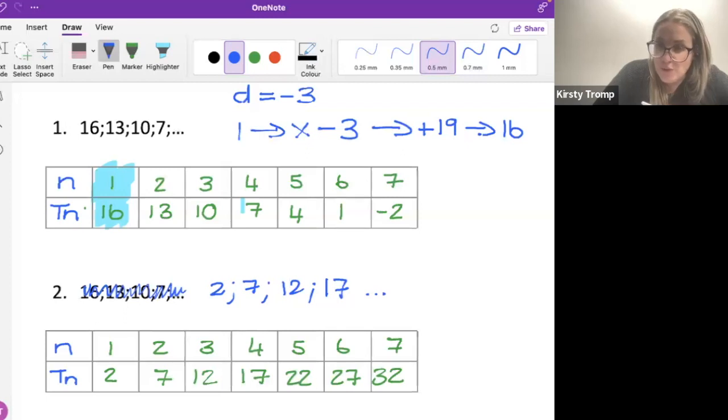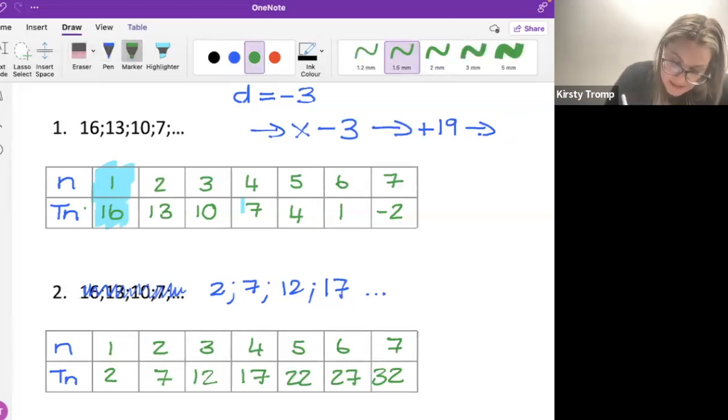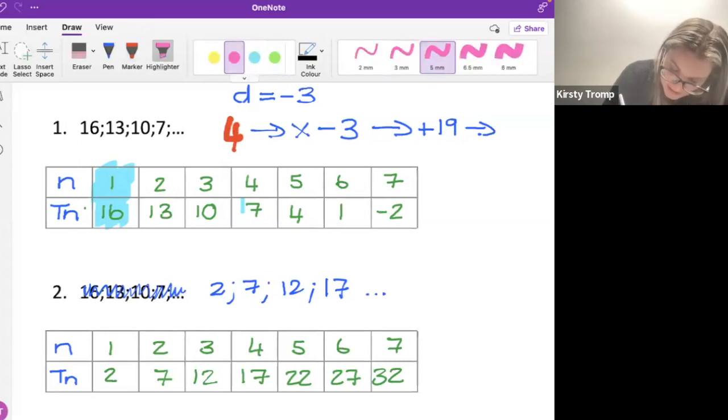Let's check if it works with our other numbers. So let's replace that and let's put in the number 4. I'm going to go here to number 4. 4 times by -3 gives me -12.